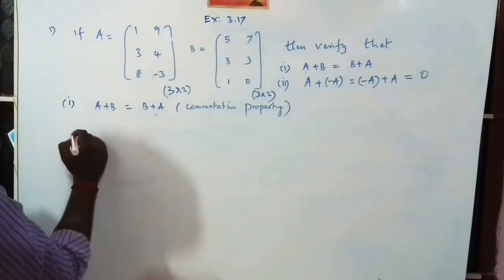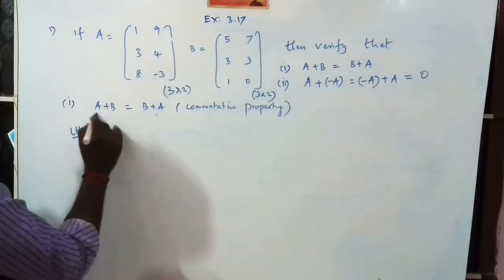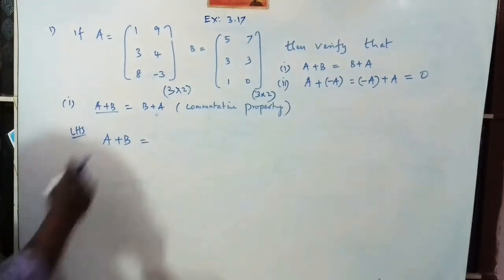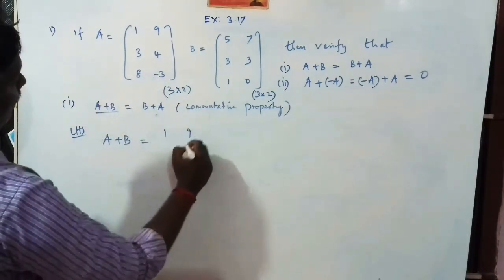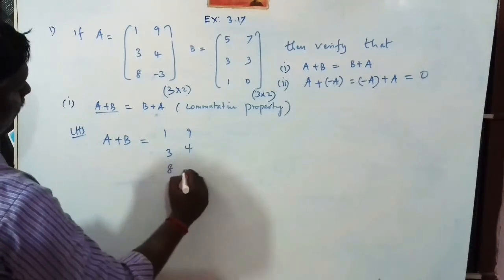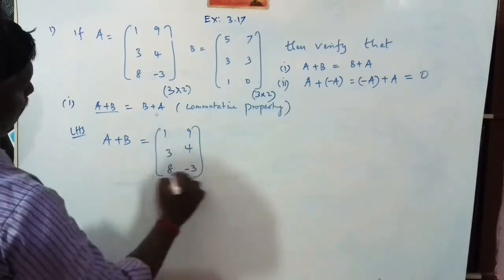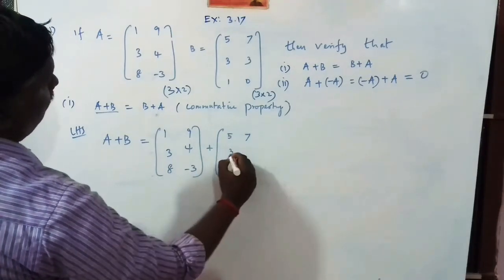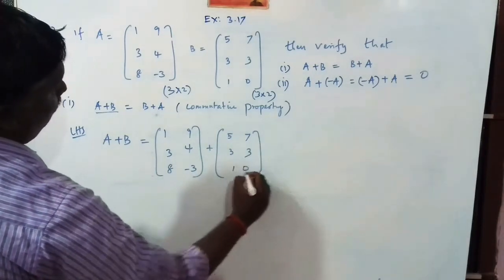Now the left hand side value. LHS is A plus B. A is 1, 9, 3, 4, 8, minus 3, plus B equal to 5, 7, 3, 3, 1, 0.